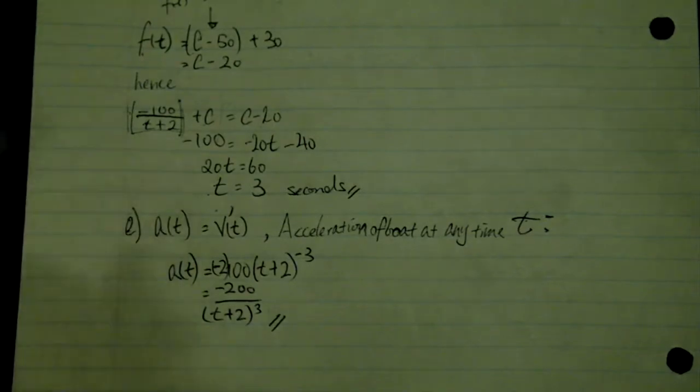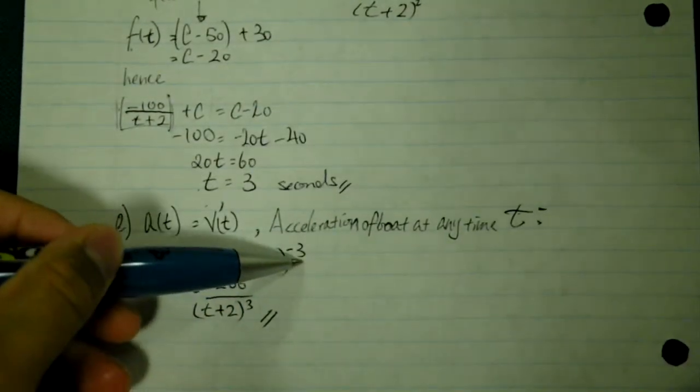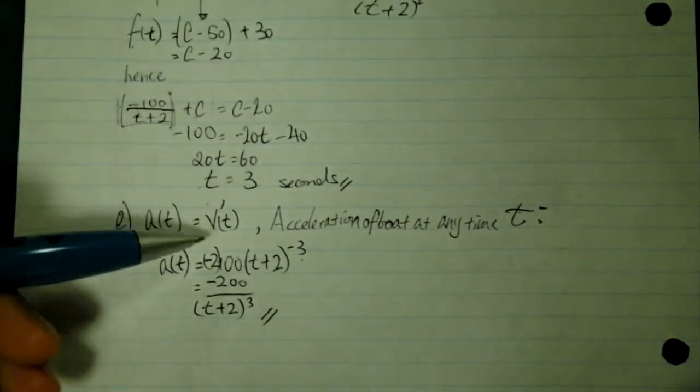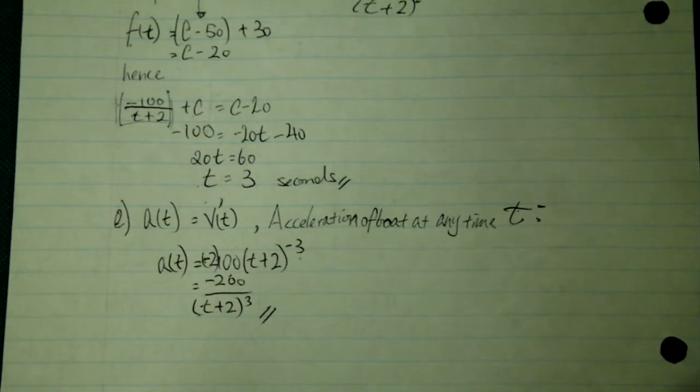Hence, by differentiating the original function, 100 over (t plus 2) squared, you bring down the power, multiplying by negative 2 and 100, hence you get negative 200 over (t plus 2) cubed.